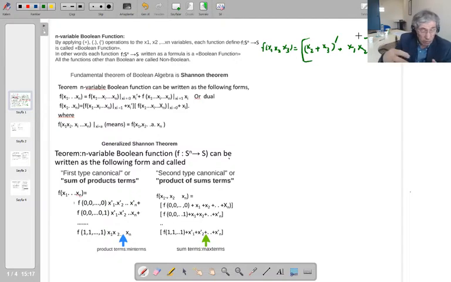Otherwise, if you don't have that formula, you're going to use tables, isn't it? So the truth table, what we call it, x1, x2, x3.